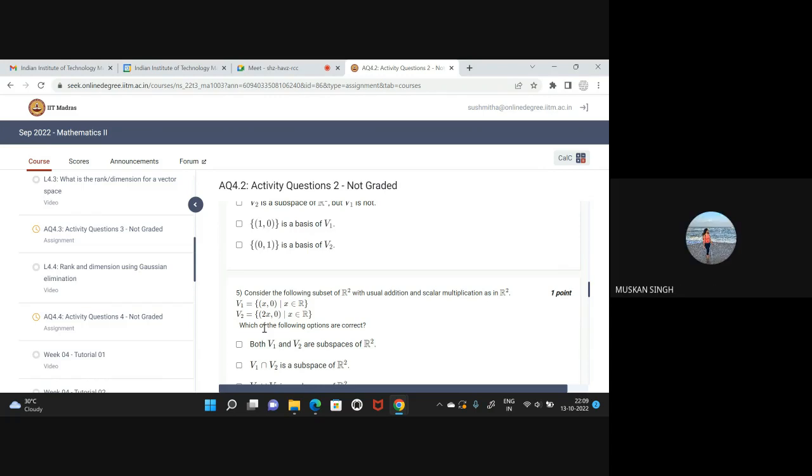Dimension is also a dimension, and the dimension is also the rank. No, ma'am, actually the rank of a matrix is the dimension of the vector space containing the row space of that matrix.